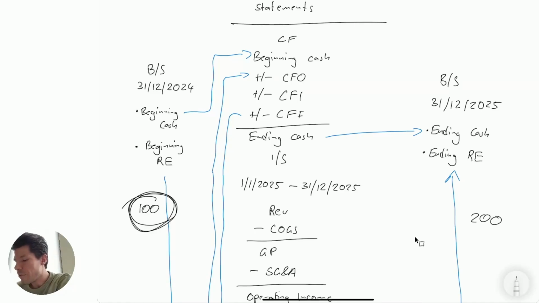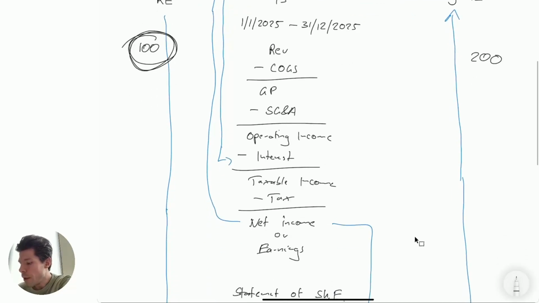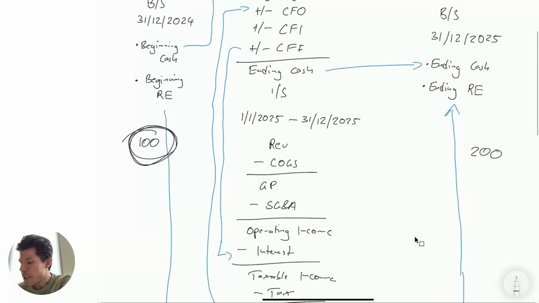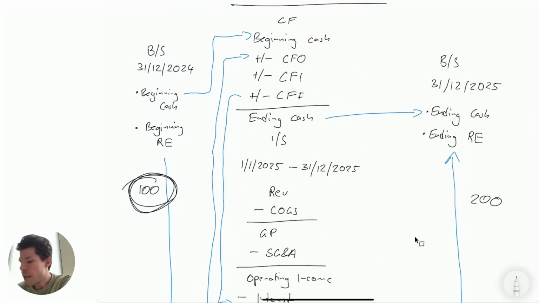But just be mindful, whenever you compare balance sheet numbers with income statement, cash flow, or statement of shareholders' equity numbers, that the balance sheet is point in time figures, whereas the other three financial statements cover a period of time.